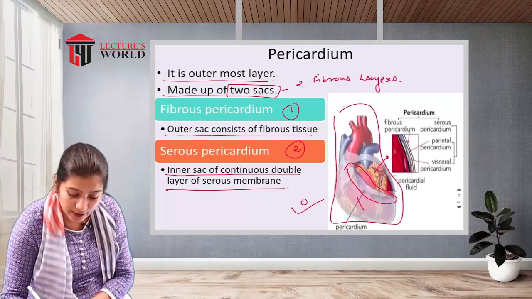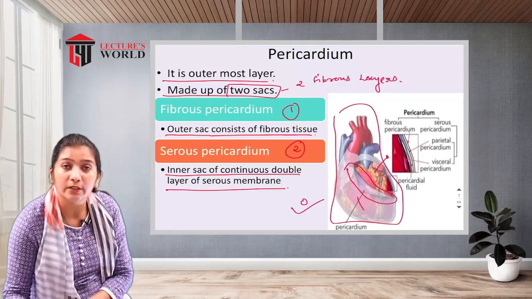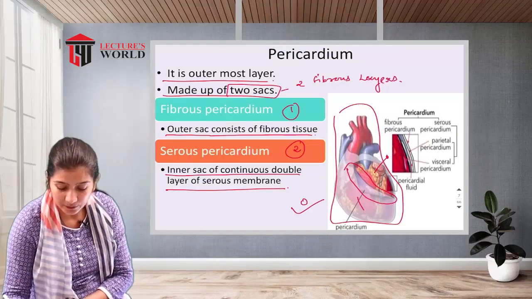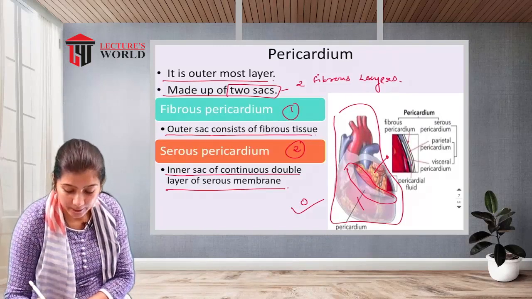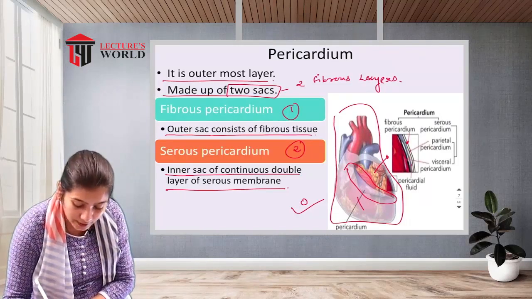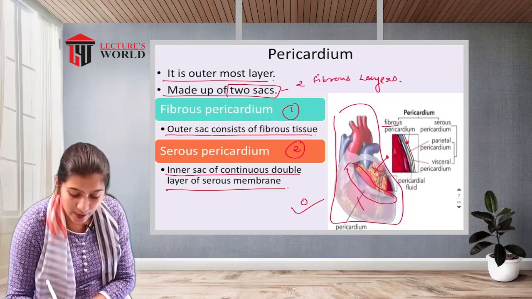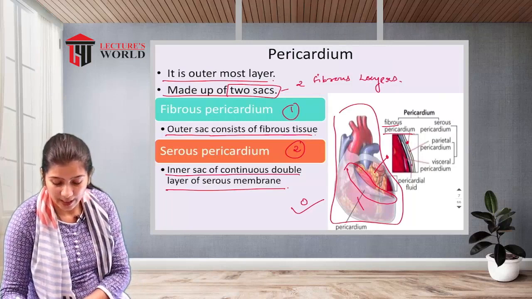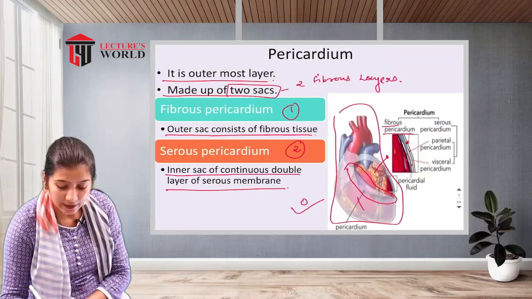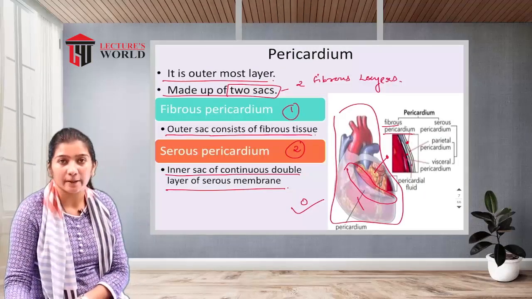It is the outer layer of the heart. There are two sacs in the pericardium. The first over here is known as the fibrous pericardium, and the serous pericardium. So what is the serous pericardium? The inner layer is known as the serous pericardium.